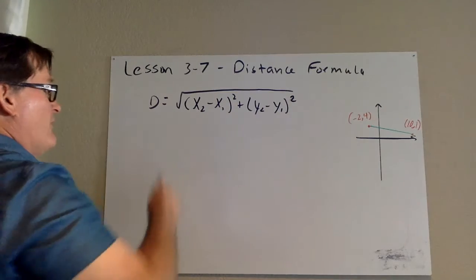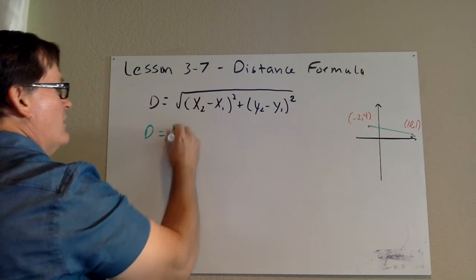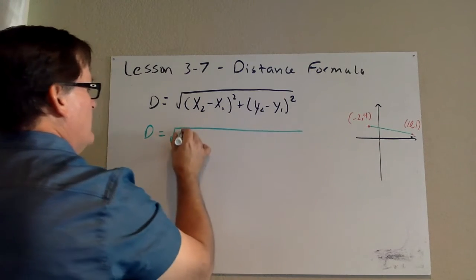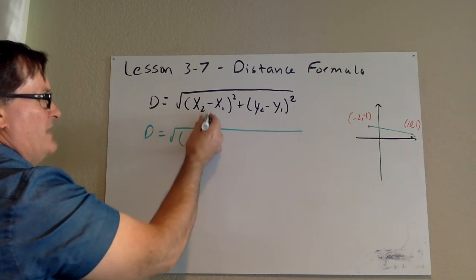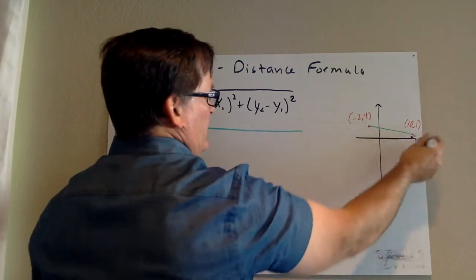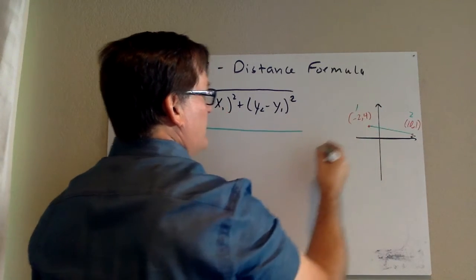So let's plug in. We're finding the distance, so that's going to remain what we find. It all goes under one great big square root. All these are consistent with stuff we've already learned. We need to find the x2 and the x1. Either of those could be either, but I'm going to call this x2 and I'm going to call that x1.